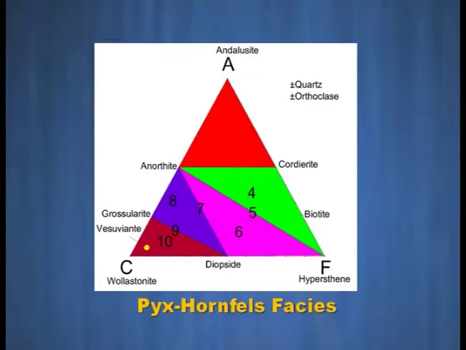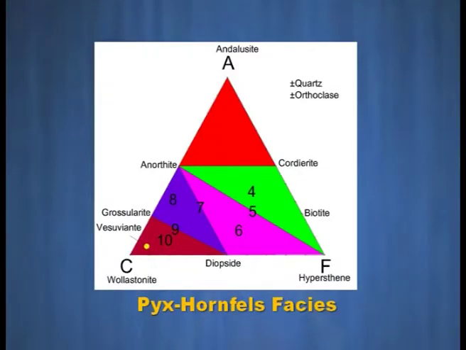And next important assemblage is diopside, grossularite, etc. It has been originally assumed, following Goldschmidt 1911, that grossularite plus quartz is stable in the pyroxene hornfels facies.